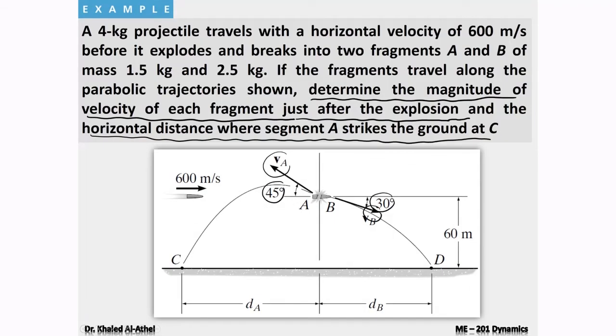So let's start with the vertical component. Upward is positive. First of all, you have to consider where you want the origin. Let me go back to this figure. You can choose either this as your origin or this as your origin. In our case, we're going to use this one as my origin.